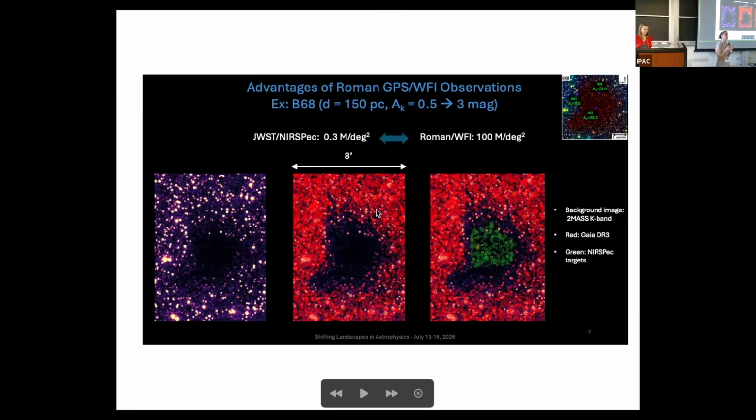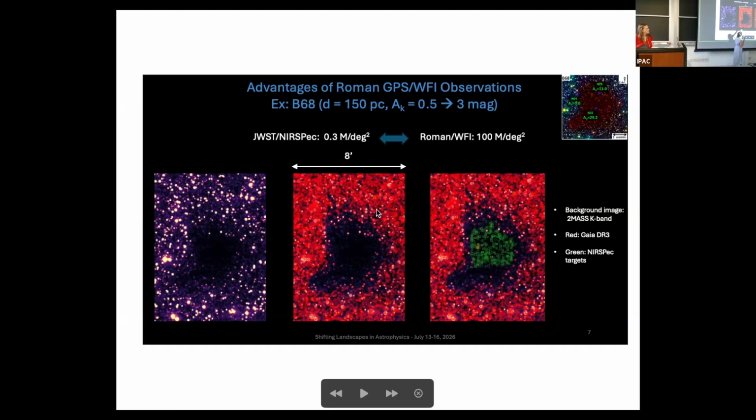The problem is to really understand, and I speak again with my bias from star formation, what is going on, how dust coagulates and grows. You really need to look at the individual lines of sight and the smaller scales, because this region is 8 arc minutes.